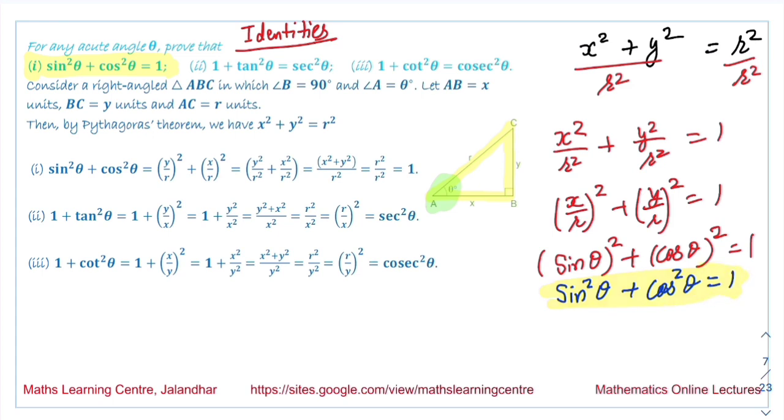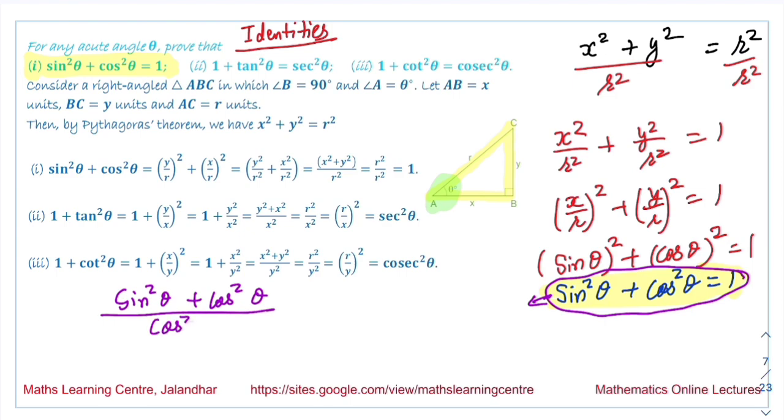Now we are starting from this identity. Suppose I divide this whole identity by cos square theta. We get sine square theta plus cos square theta over cos square theta is equal to 1 over cos square theta.